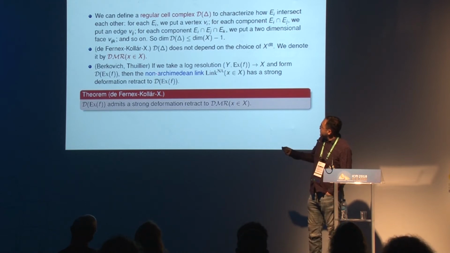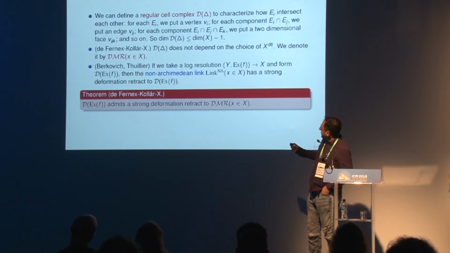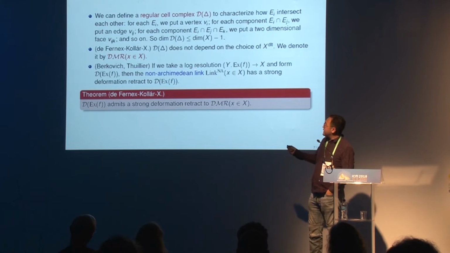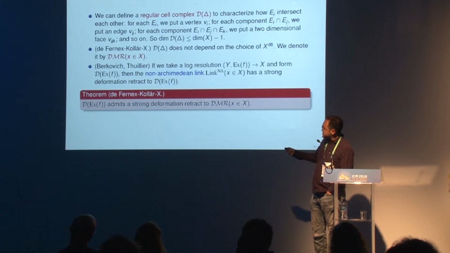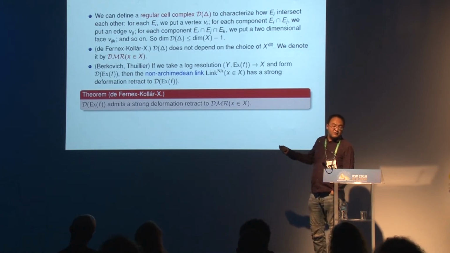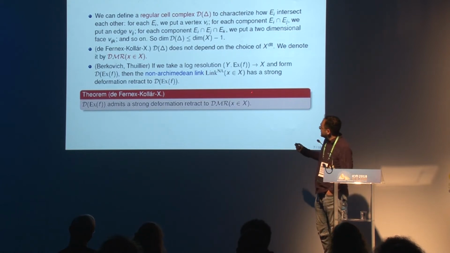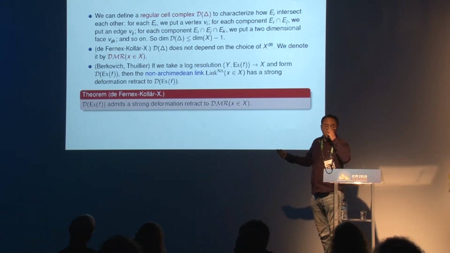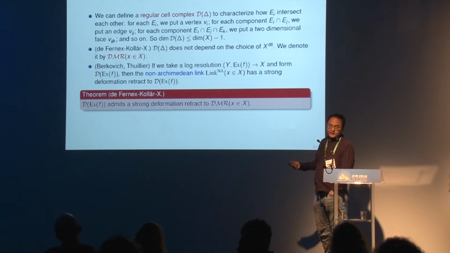But Berkovich and Thuillier actually prove that the non-archimedean link, which is a subspace of the Berkovich analytification of this singularity, indeed has a strong deformation retraction to this dual complex, which is defined out of this local resolution. So the local resolution has this good property that it basically captures all the homotopy information of the non-archimedean link.